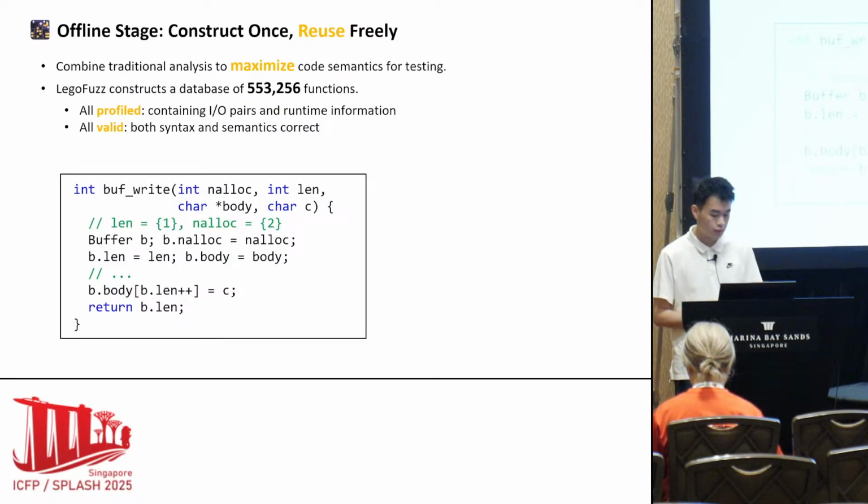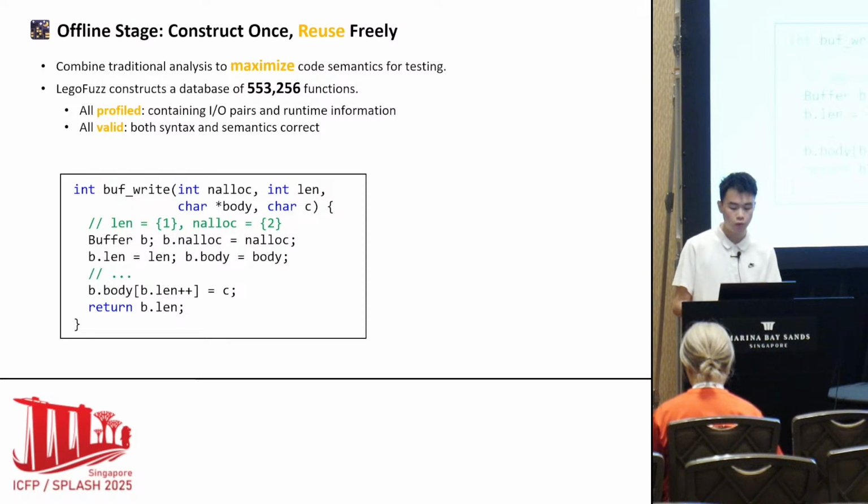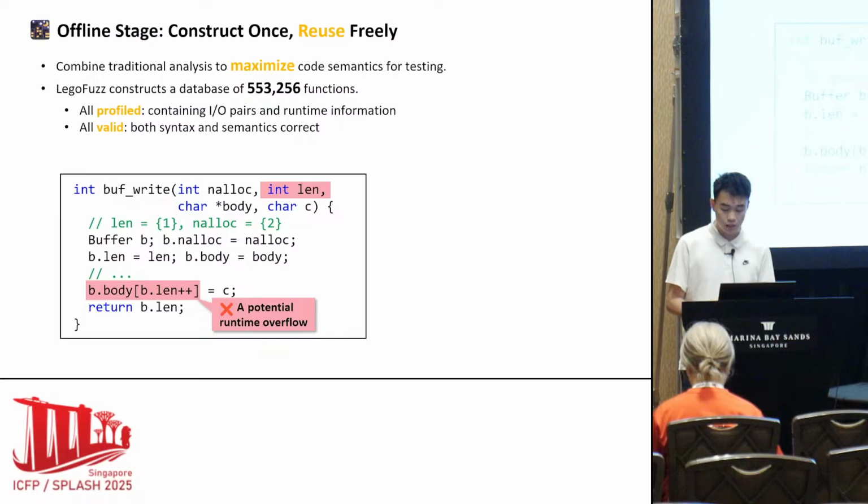After generating these real-world functions, the next step in the offline stage is to make sure they are both valid and reusable, while maximizing the semantics for testing. In total, LegoFast constructs a database of over 500,000 valid functions. How do we construct it? Let's take the same example as before. There's a potential runtime overflow here when writing the body array.